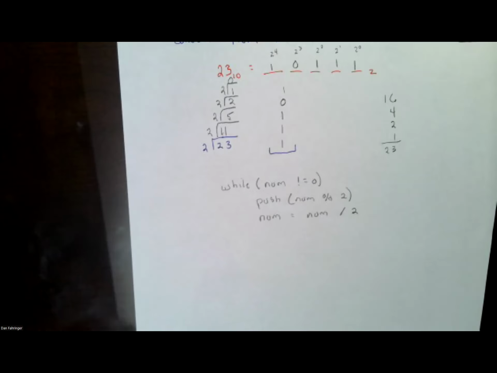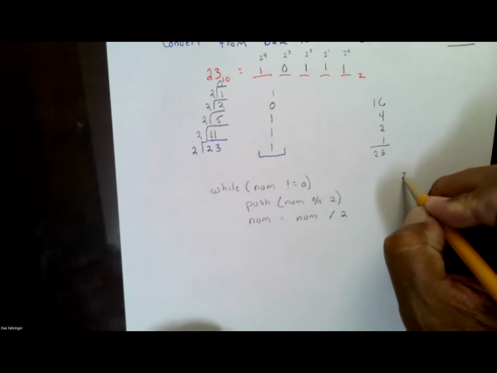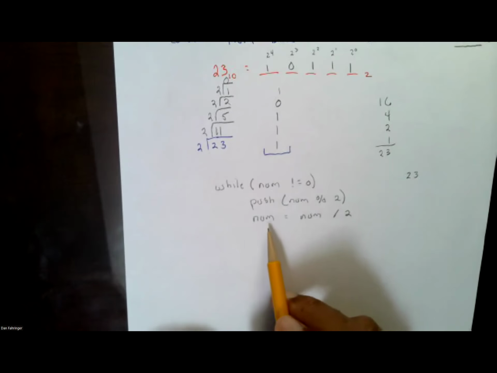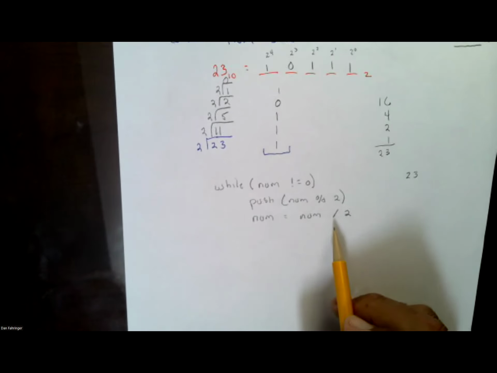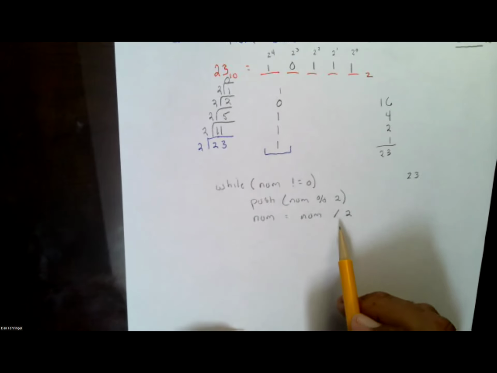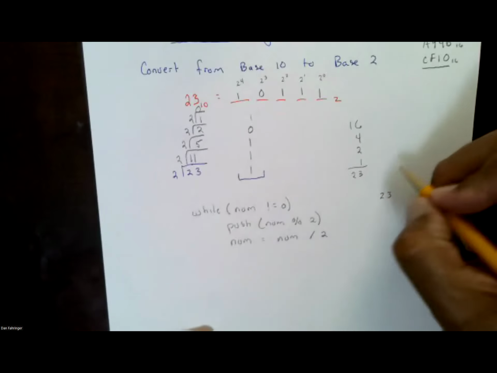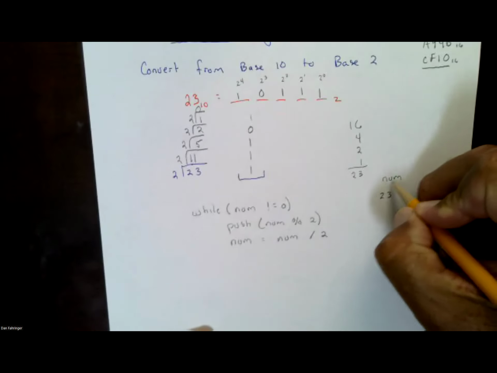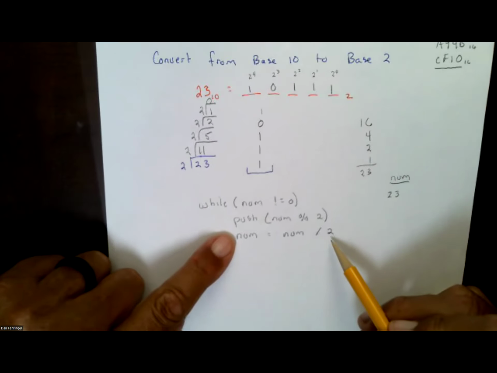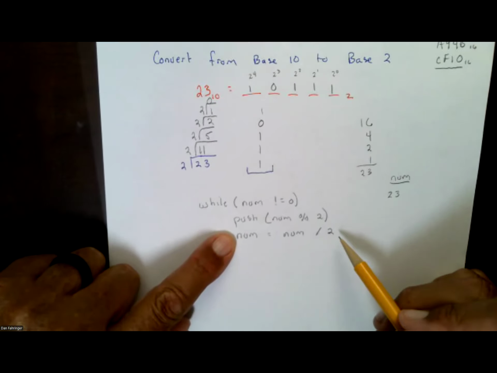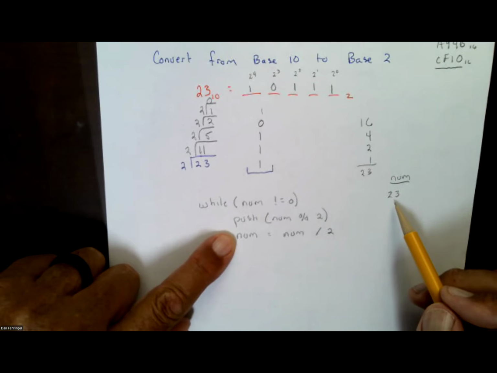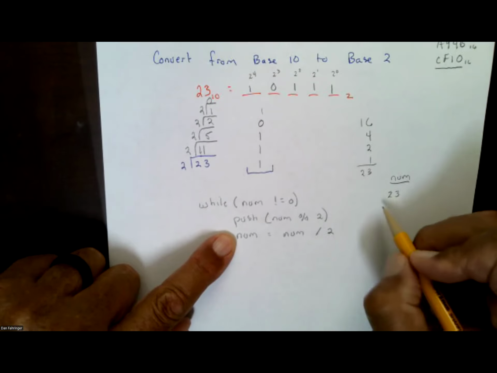I have a question. Would you have to move num equals num divided by 2 before push or no? So let's run through it in our head. If I have 23 is my num, and if I do num integer division 2 first, so this is my variable num, this gives me what number? 11.